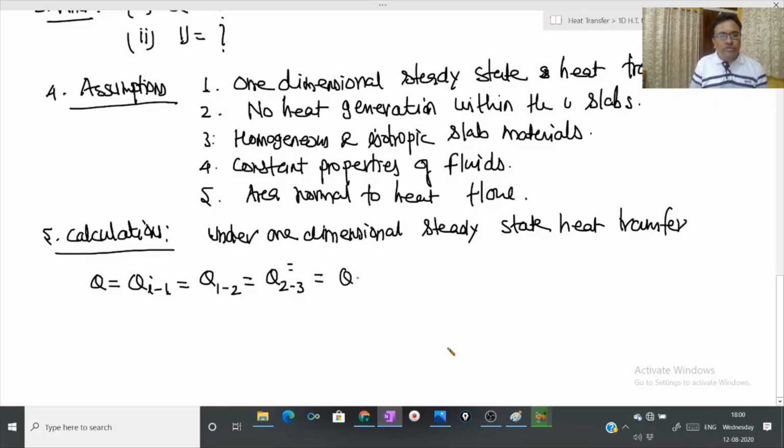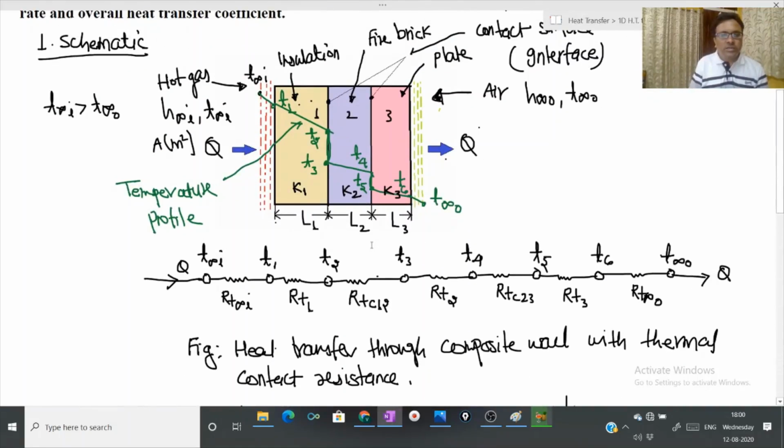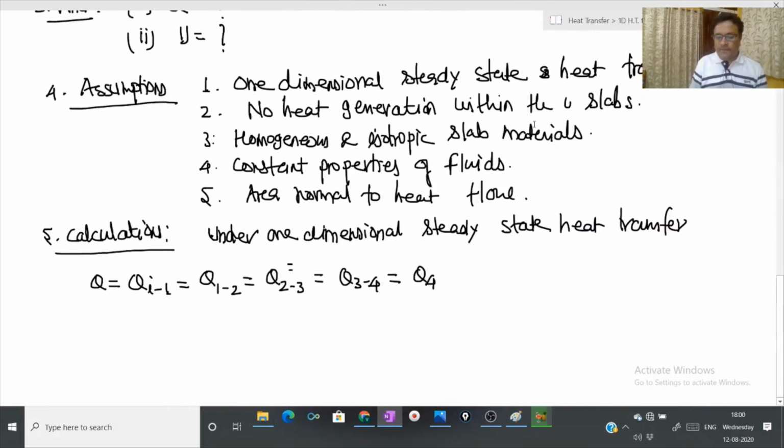Then the rate of heat transfer from the fire brick slab will be equal to the rate of heat transfer from interface 2 3, that is Q23, this will be Q45, will be equal to the rate of heat transfer from 5 to 6, will be equal to the rate of heat transfer from the right face of the plate to the cold fluid.